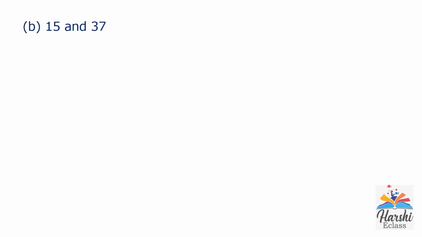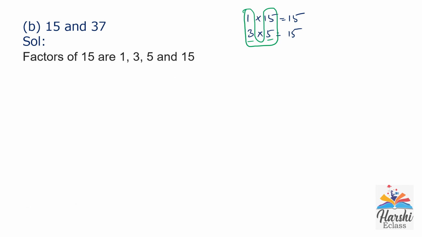B. 15 and 37. Factors of 15. 1 15s are 15, 3 5s are 15, after that 5 3s. 5 and 3 are already written. So the factors of 15 are 1, 3, 5 and 15. Now the factors of 37. 37 is a prime number.